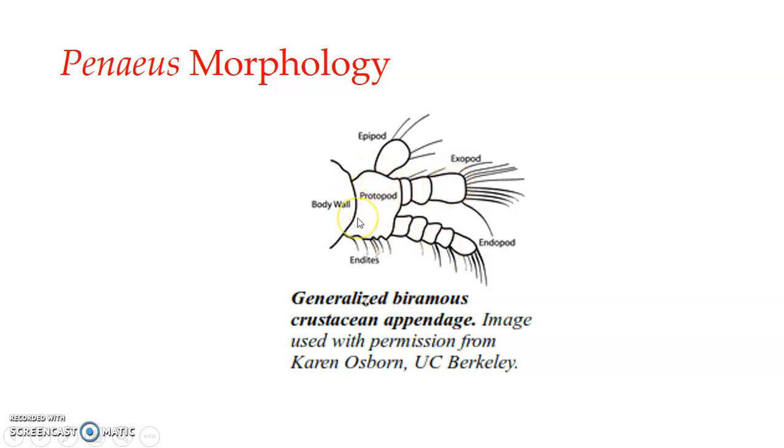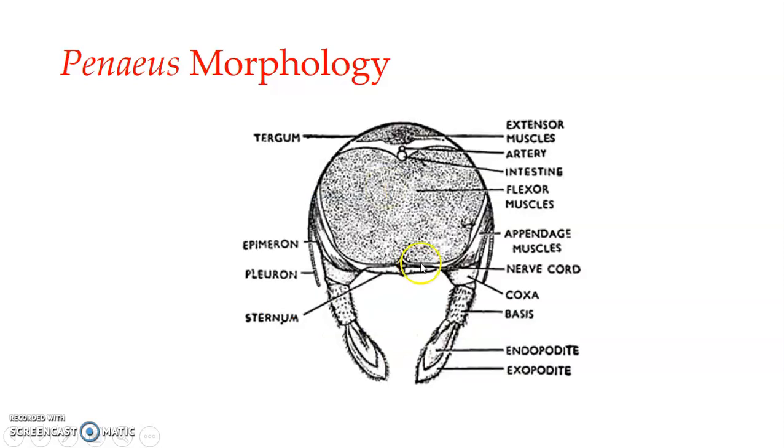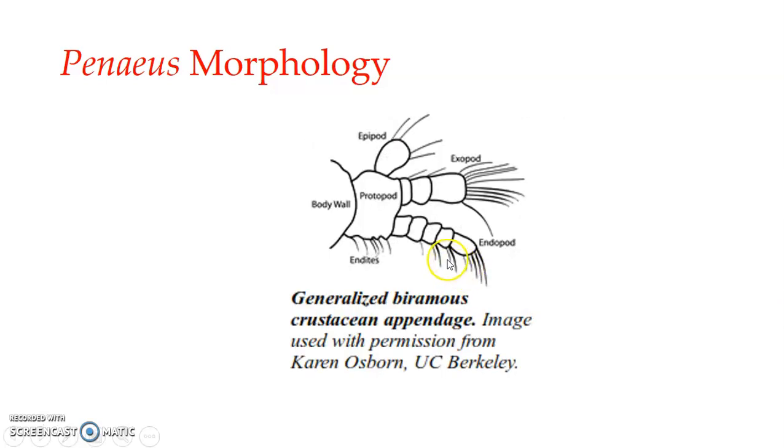The protopodite is formed of the proximal base, the coxa and the basis. Clear? So these two together form the part known as protopodite. And the two rami are the endopodite and exopodite. The names indicate the position of these rami with respect to the plane of the body.